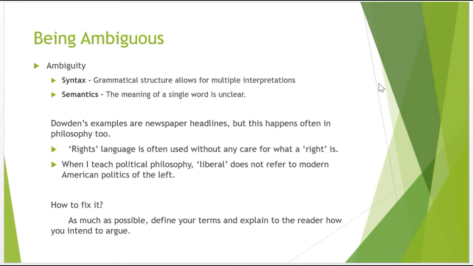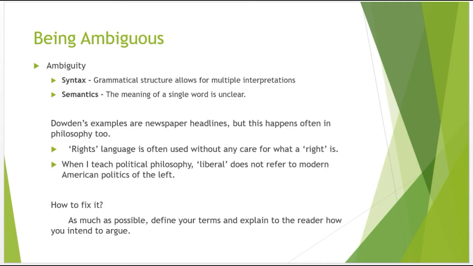You know, people will, of course, write with incorrect grammar now and then, and maybe that will affect their argument. But if I'm being charitable, and if I'm actually trying to think, all right, well, what must they mean, then usually this syntactical, I can get around that, you can get around that. But with semantic ambiguity, that is much harder for even a charitable person to just get around and to understand what you mean. So Dowden's examples are newspaper headlines.